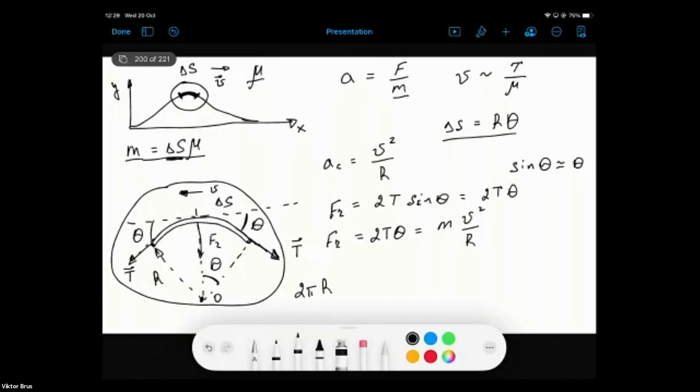So you see that the length of the arc is equal to radius times angle in radians. And the angle in radians, when we consider the full angle, 360 degrees, is 2 pi. So that gives us the length of this arc if we know radius and angle theta.